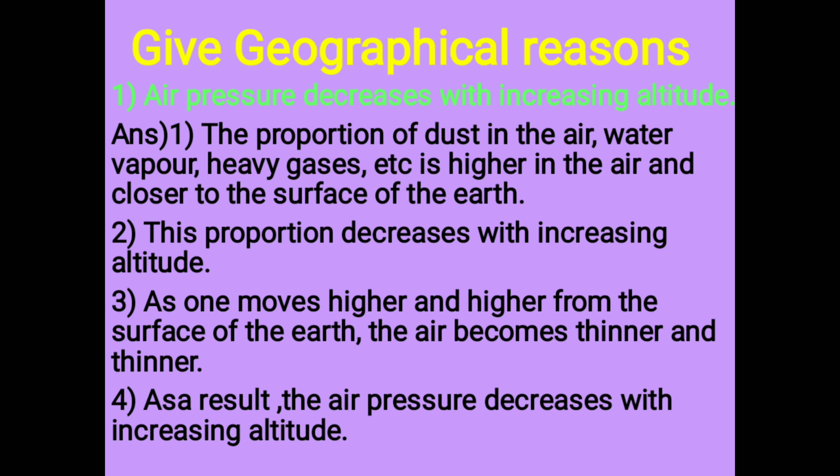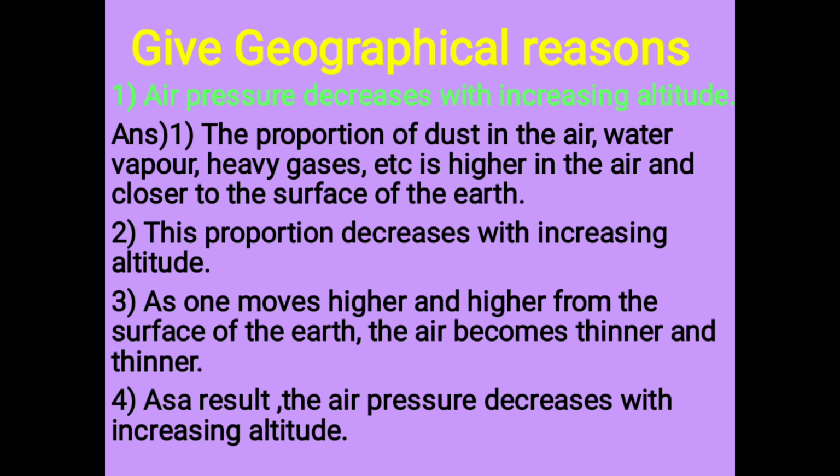Give geographical reasons. Number 1. Air pressure decreases with increasing altitude. Answer in points. Point number 1. The proportion of dust in the air, water vapor, heavy gases, etc. is higher in the air closer to the surface of the earth.